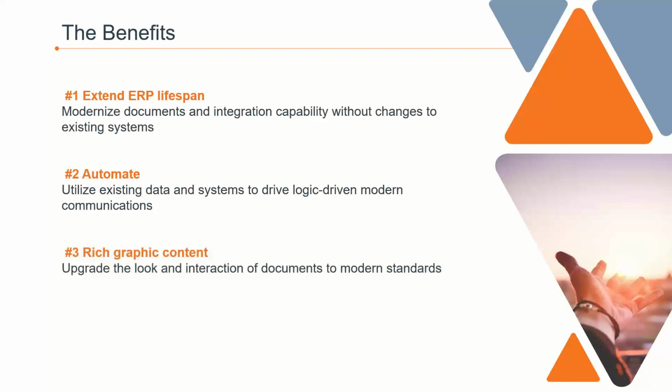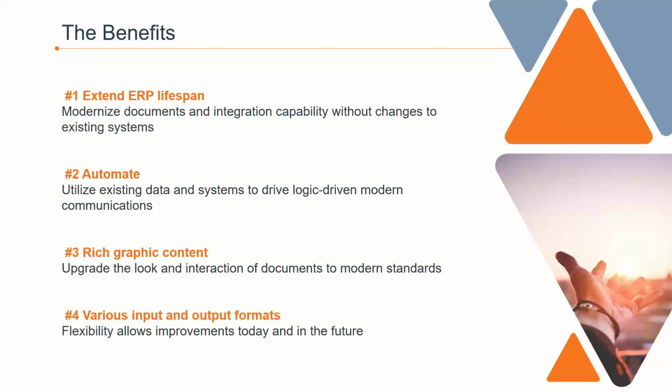You can also include rich graphical content, so you can upgrade the look and the interactivity of your documents to modern standards. And lastly, flexibility. You have various input and output formats that you can work with, and this allows improvements to today's processes, but also a lot of innovation in the future.